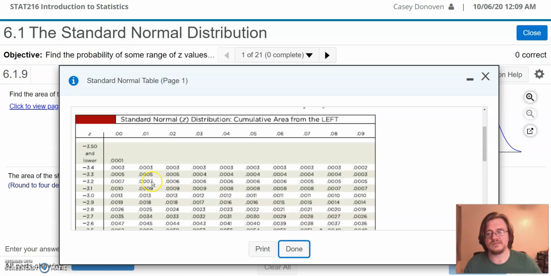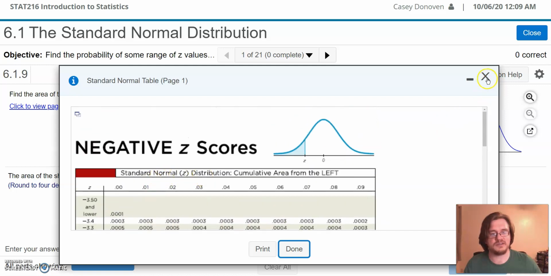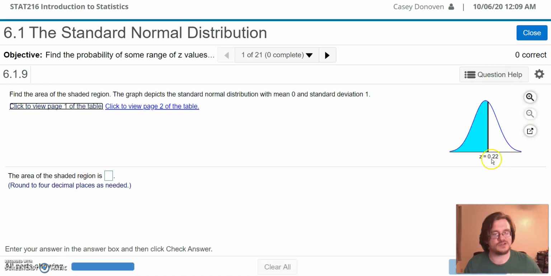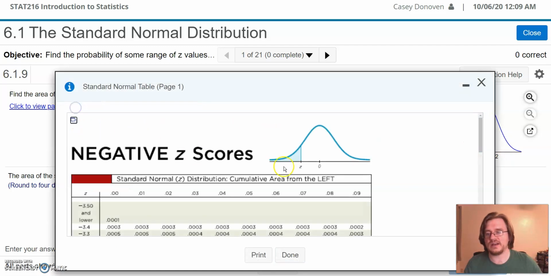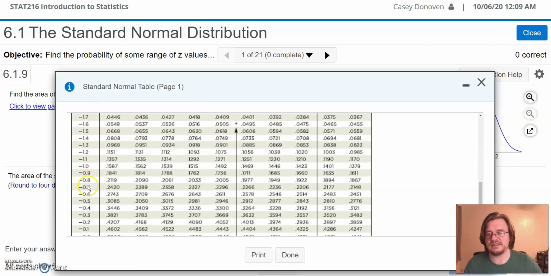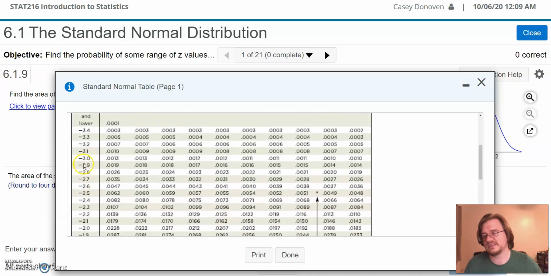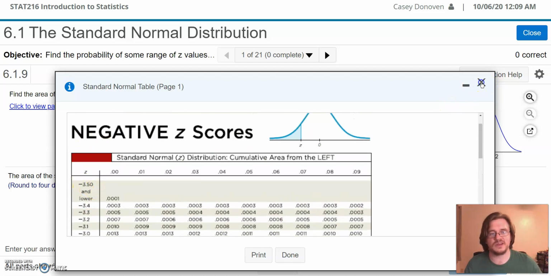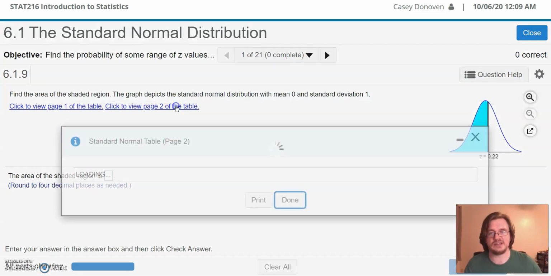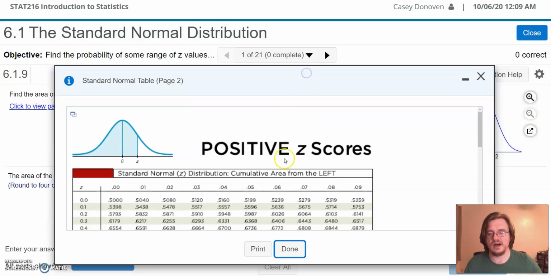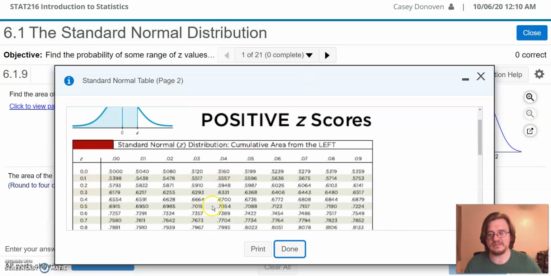Now, if we wanted to find the value that is less than 0.22, when I click on this table, all I see over here are negative numbers. So for negative numbers, this won't work. We have to go on to the next page. And the next page will give us the positive values.